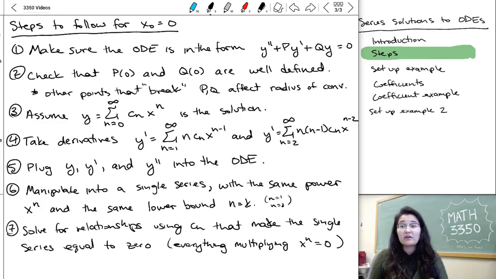So in particular, you're going to take everything that's multiplying your x to n in that series, and you're going to set it equal to 0. That's the condition for something to be 0 valued that we talked about in the introduction to series video.